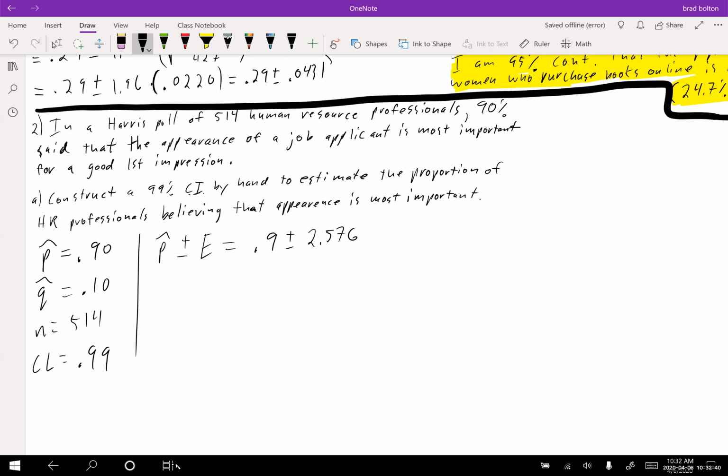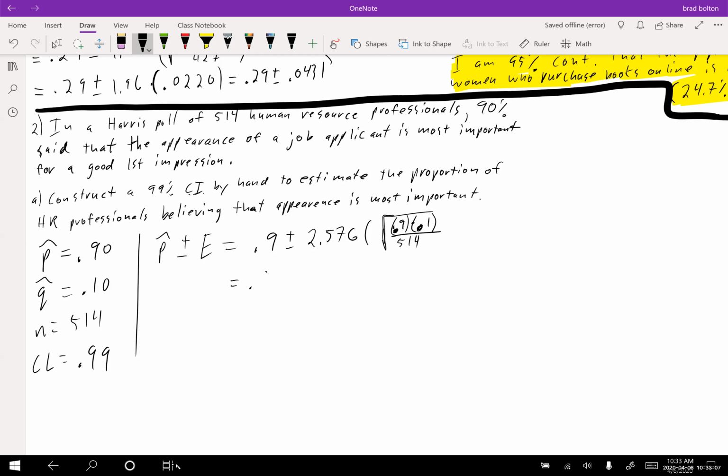Again, I got this from the table that I gave you for 90, 95, and 99. And we're going to multiply this times the square root of 0.9 times 0.1, all divided by the square root of 514.